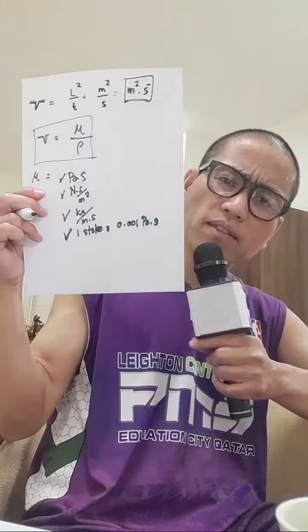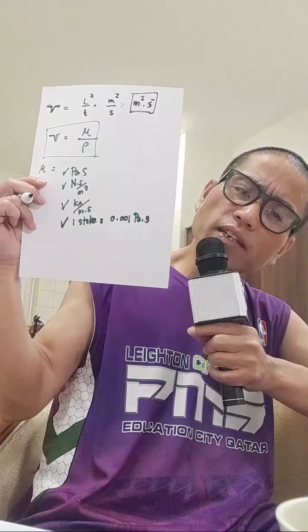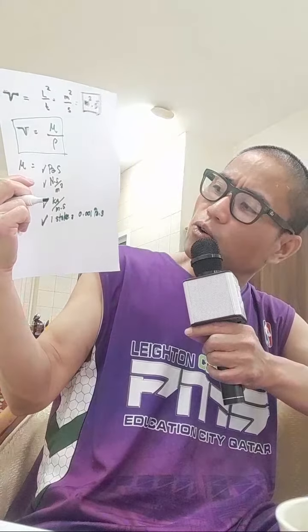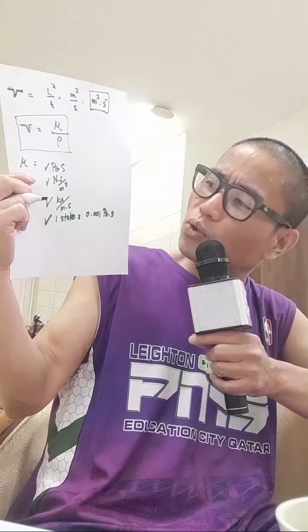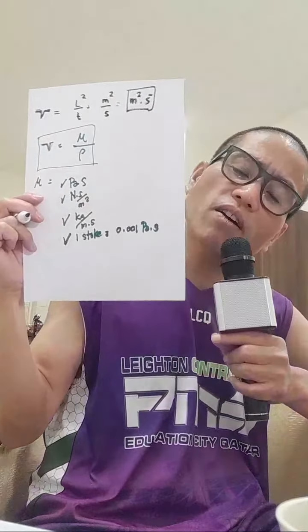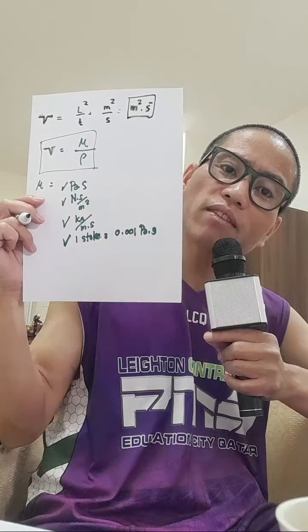So if I put 0.001 Pascal second, it is also equal to 0.001 kilogram per meter second and 0.001 Newton second per square meter, because all of them have the same unit value. I don't have to write them all because the ink will be consumed faster. That is, one Stoke is equal to 0.001 Pascal second.